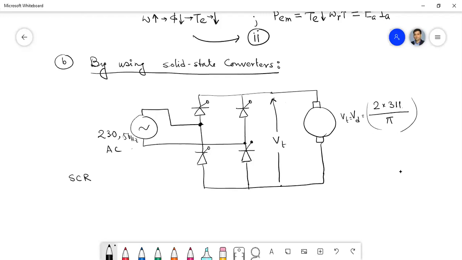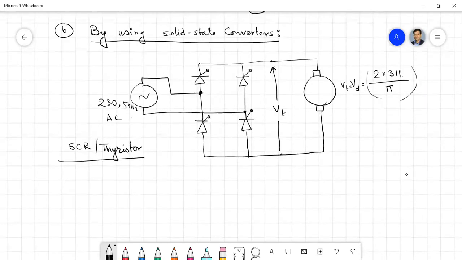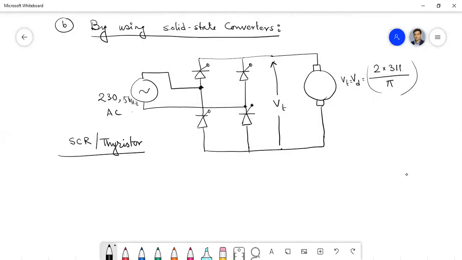This is basically the symbol of the silicon control rectifier, or another name is thyristor. This is basically a 4-layer device, PNPN, like the diode has 2 layers, PN.